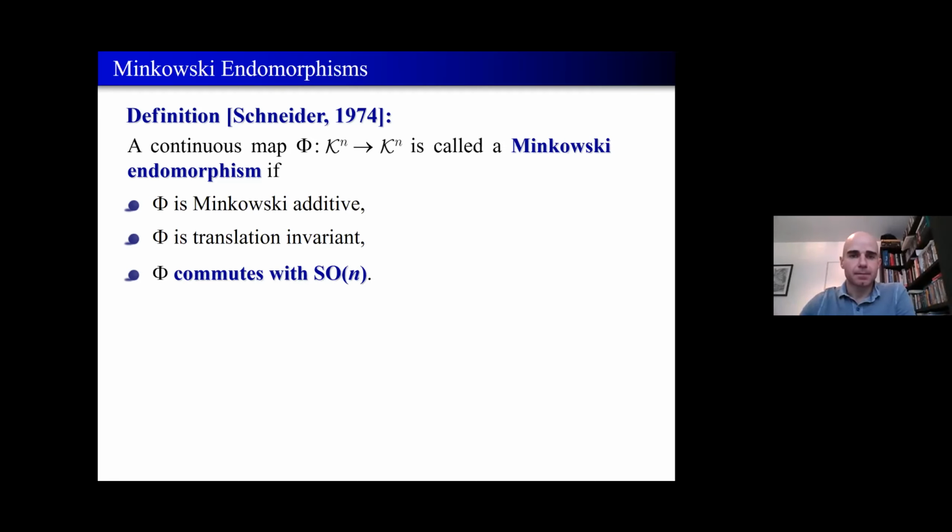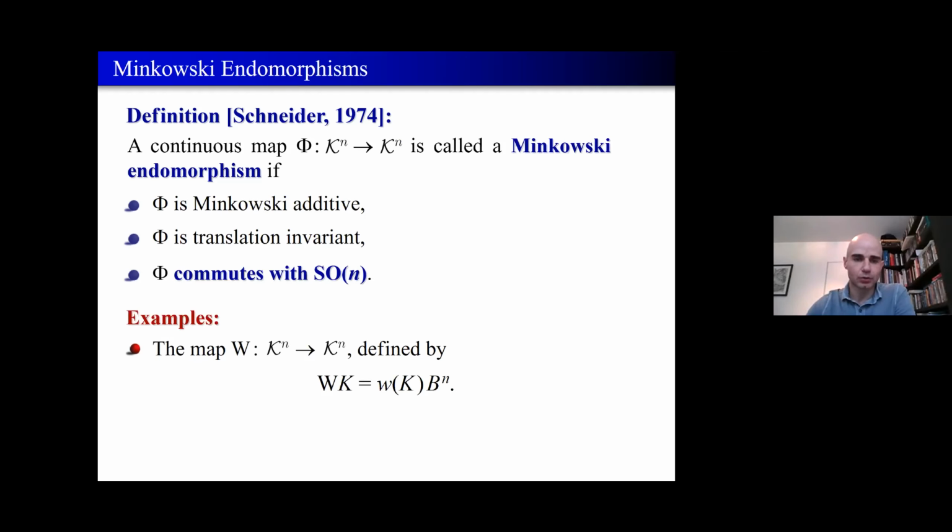Now, the difference body map is an example of such a Minkowski endomorphism, but since we only assume commutativity with rotations, we have many more maps, and we will see that these Minkowski endomorphisms actually form an infinite dimensional cone. So there are lots and lots of those. I want to give you two more examples, quite simple ones.